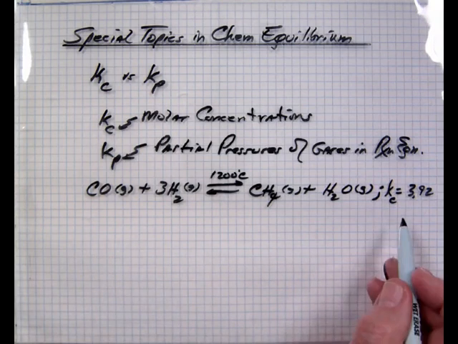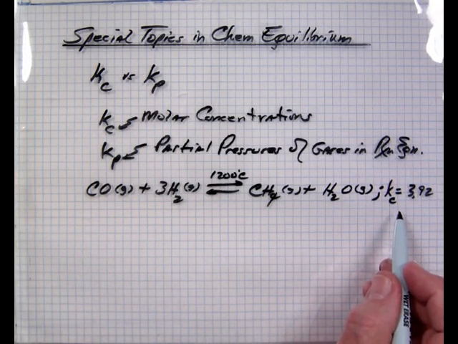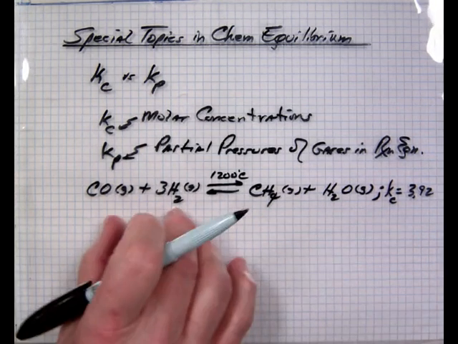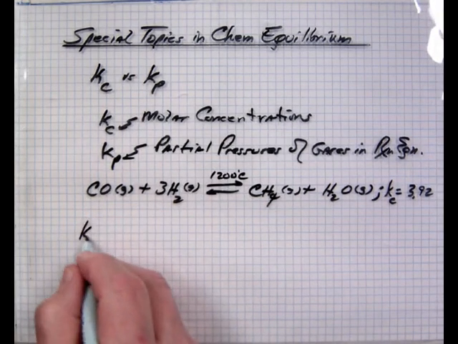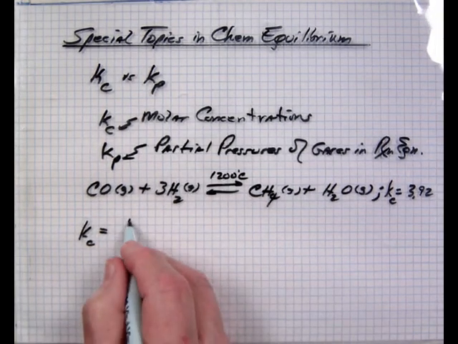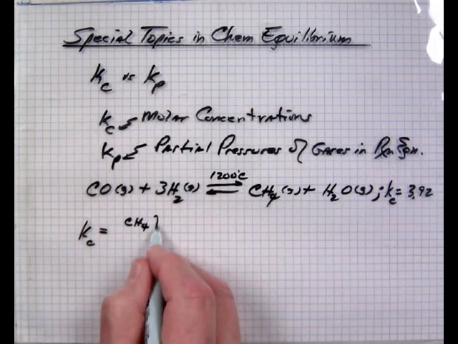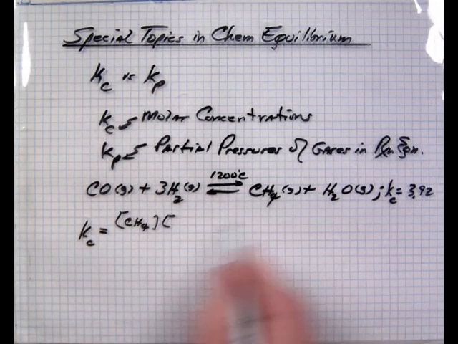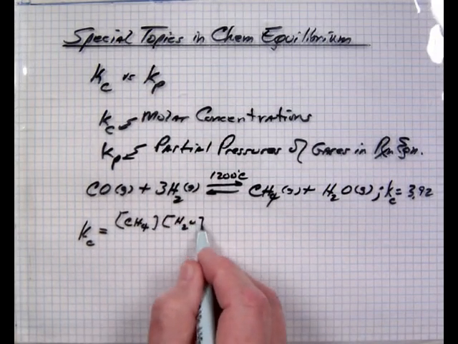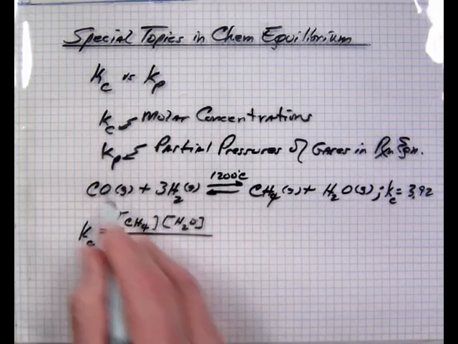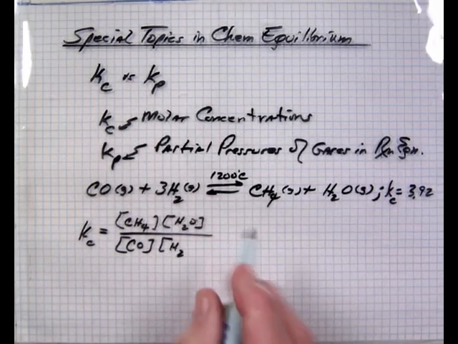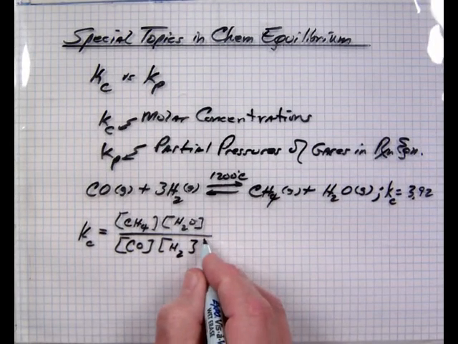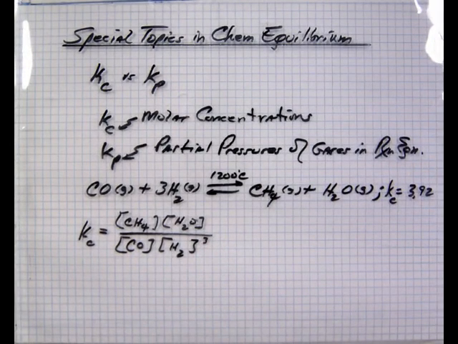In writing the Kc expression for this, we have products over reactants, as we have before. So Kc is methane gas. All of it's gas. Right there.